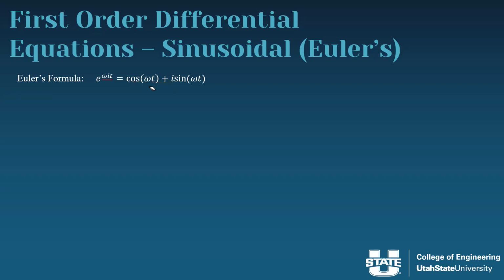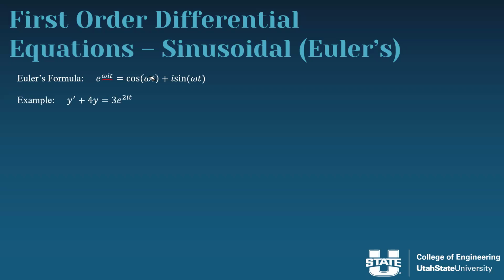Euler's equation is e to the i omega t equals cosine omega t plus i sine omega t. This is useful because it is easier to know what cosine and sine do with certain boundary conditions than just an e function. So that's why we use it. It's super useful. I use it quite a bit.